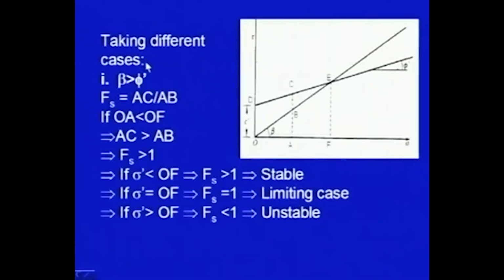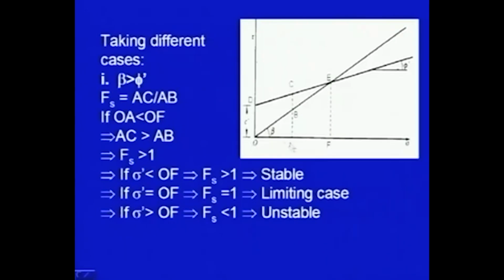Let me take different cases. The first case I am taking when this beta is more than phi dash. This is the general case in fact with which I started. So, as I told you in the previous slide that Fs is equal to AC upon AB. So, this ratio AC upon AB gives you the factor of safety.